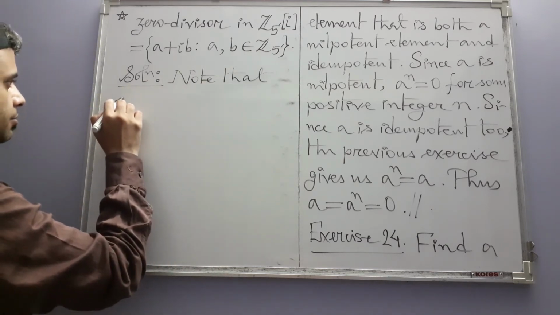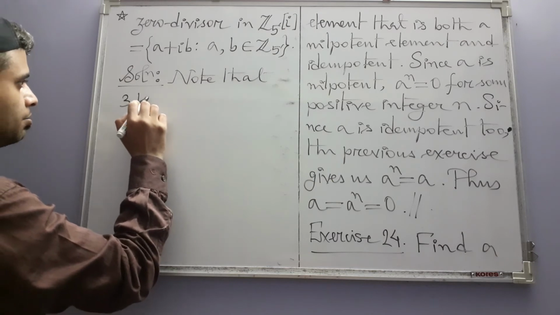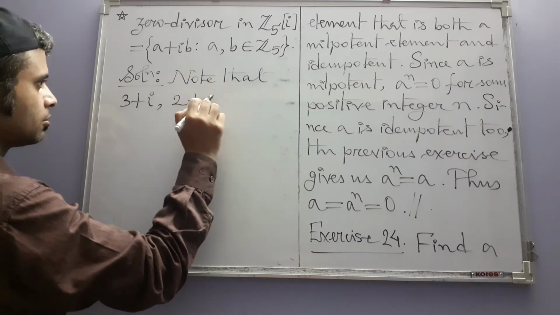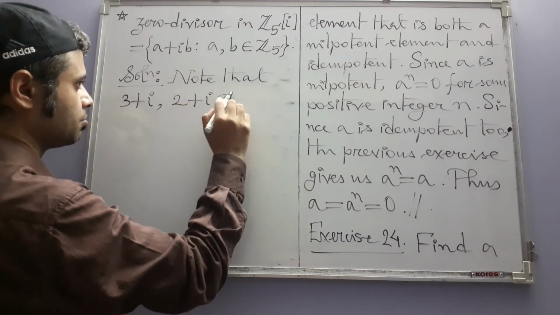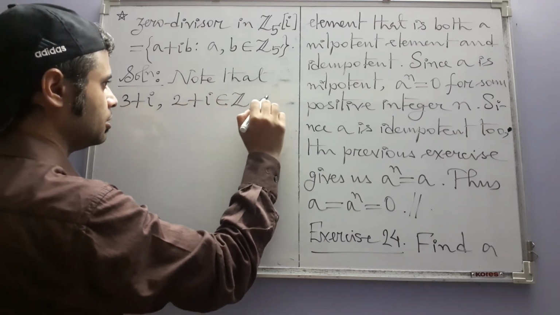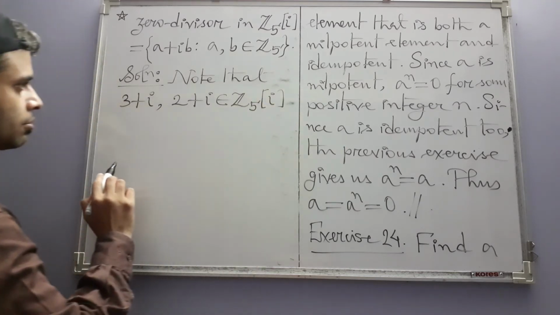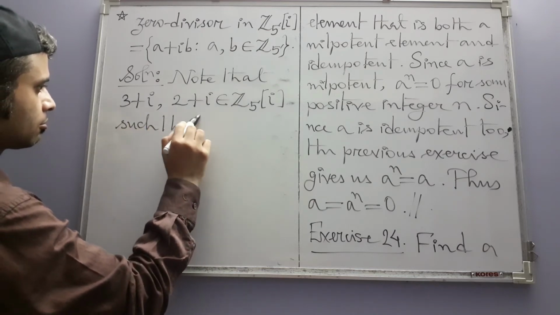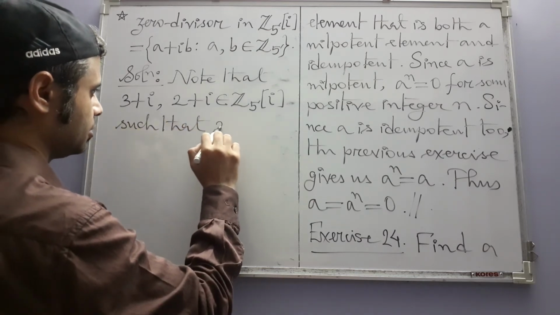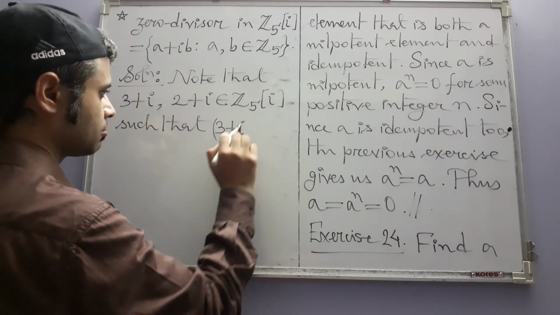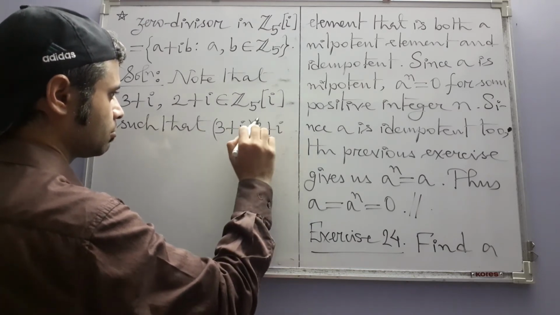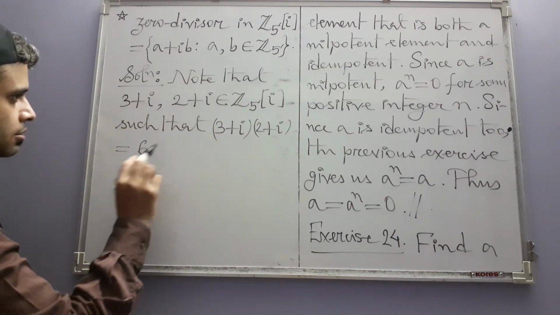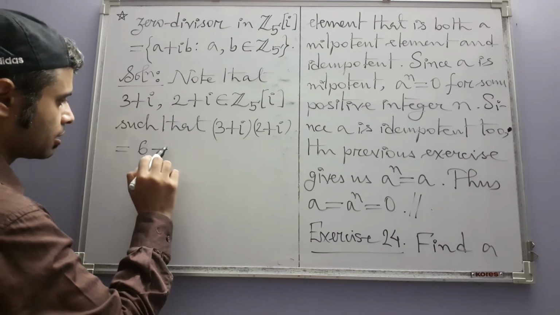Note that 3 plus i and 2 plus i belong to this ring, such that if we take their product, then what do we get? 3 times 2 is 6 plus i squared is minus 1.